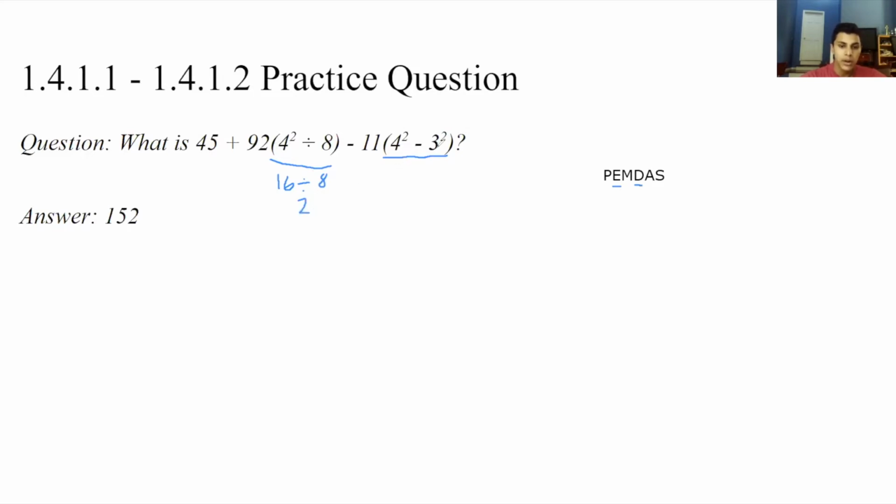Next, we have in our other parentheses, 4 to the power of 2 minus 3 to the power of 2. Well, if you remember, I said when anything's in the form of a squared minus b squared, it can be simplified into a minus b times a plus b.